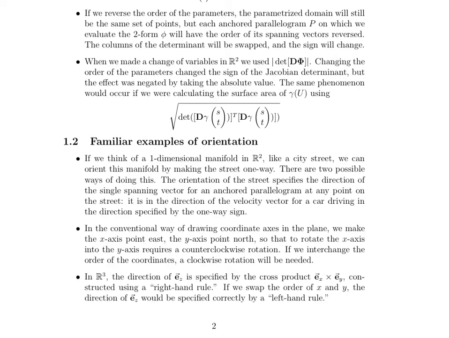So that's like a nice metaphor, an analogy, we should say, that describes exactly what it means to orient a one-dimensional manifold, and then also, given a parameterization, how to check your orientation of that one-dimensional manifold.